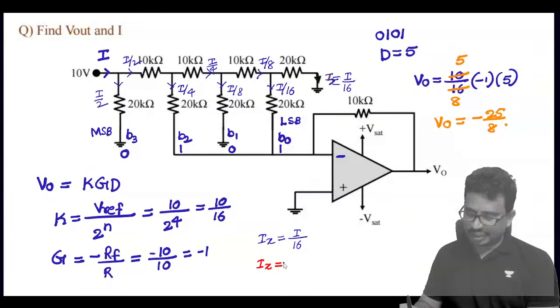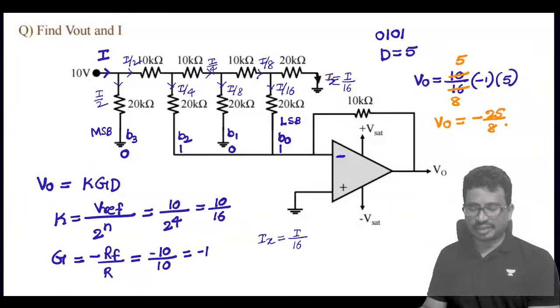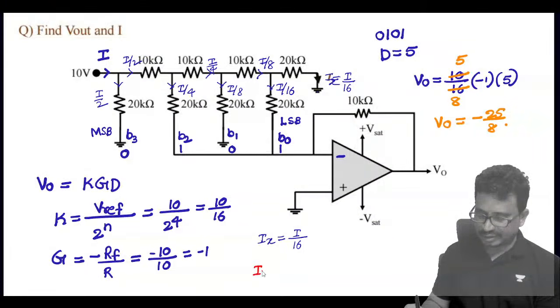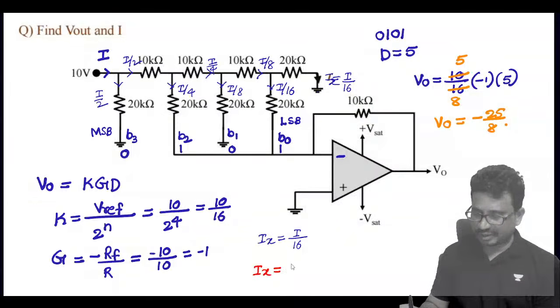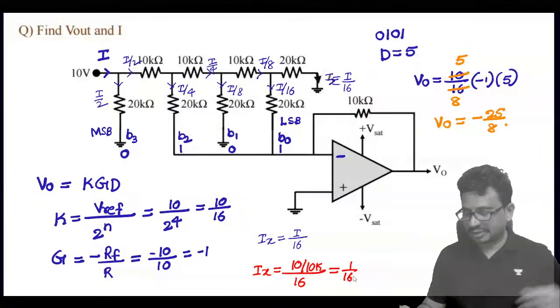First we need to get the equivalent resistance. How much is this value? R will come to be 10K. So Ix is 10 by 10K by 16, which will come to be 1 by 16 milli.